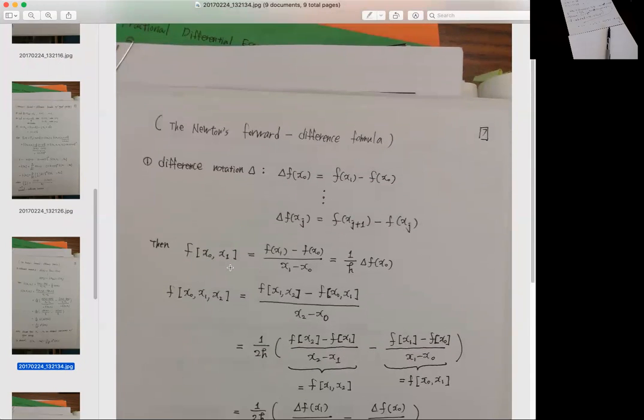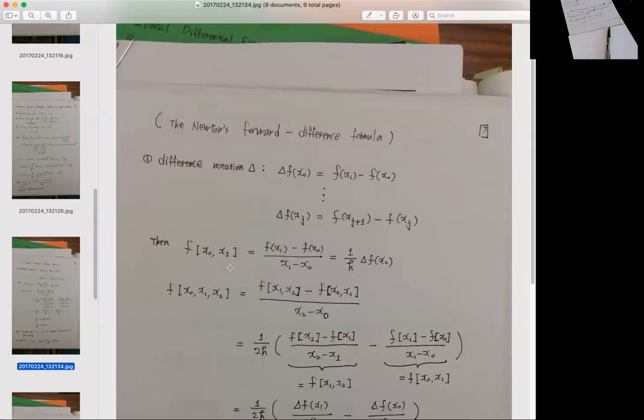So now here, I'm going to introduce a new difference notation. It's called the nabla notation. Okay, so nabla f of x0 is equal to f of x1 minus f of x0, and nabla f of xj is equal to f of xj plus 1 minus f of xj.